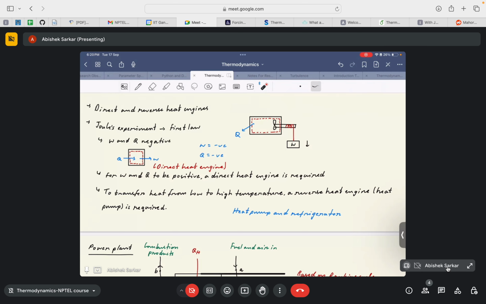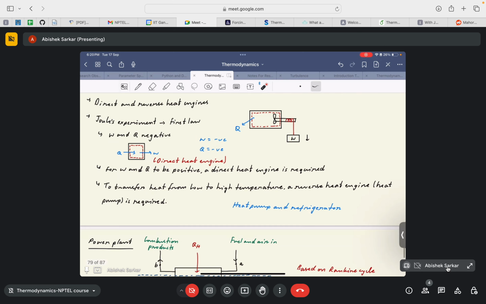If work is done on the system, then by our general sign convention the work interaction is negative. Again, because of this work interaction, heat is generated within the system and expelled out of the system through the boundaries, so heat coming out of the system implies Q is negative.